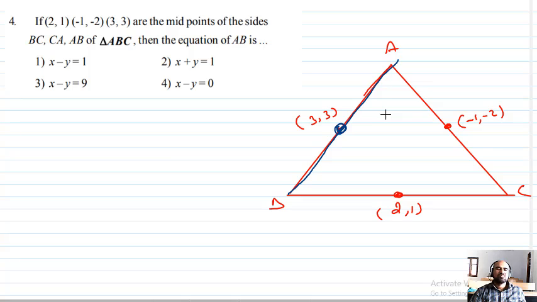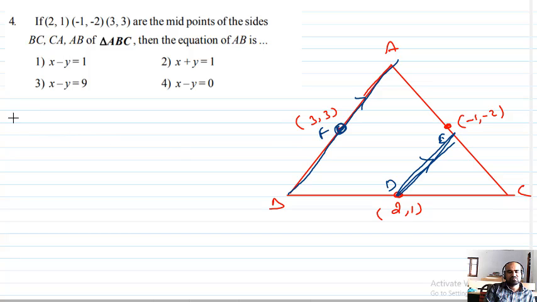We want its slope. I can name these points D, E and F. Join DE. By the midpoint theorem, DE is parallel to AB. The line segment joining the midpoints of any two sides of a triangle is parallel to the third side and half of it. So DE is parallel to AB. You can find the slope of DE, and from that you can find the slope of AB. The point is there, then you can find the equation of AB.